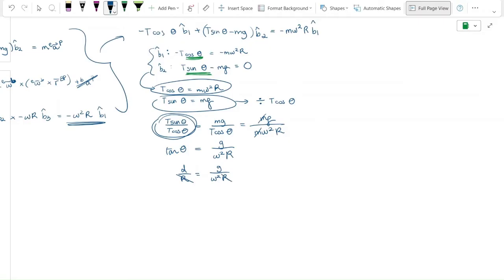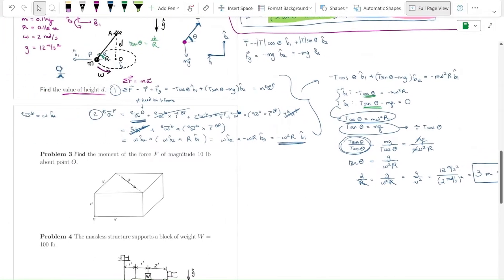We didn't really need to know r after all, so we have g over omega squared, which in this case is 12 meters per second squared over 2 radians per second squared, which is just 12 over 4, equal to 3 meters. Radians are unitless. And this is our answer for d.